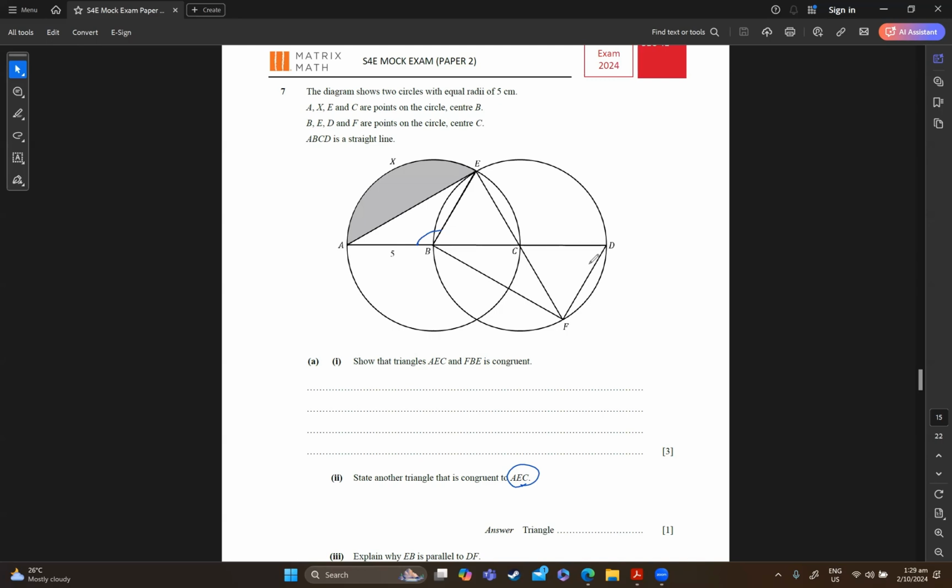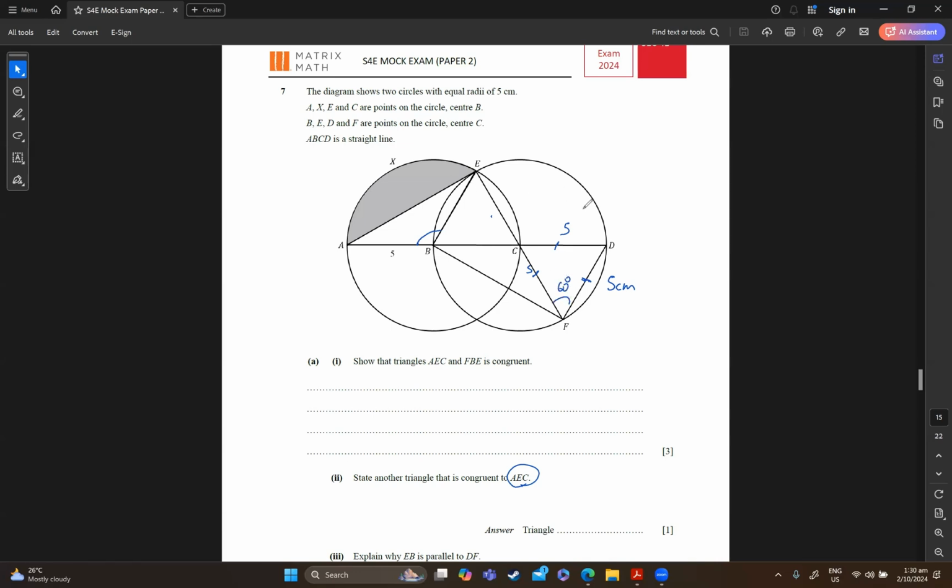So if AEC is congruent to BFD, this line here should also equal 5 cm. If this line is also 5 cm, this and this are the radius of a circle, also 5 cm and 5 cm, which means this is 60 degrees.